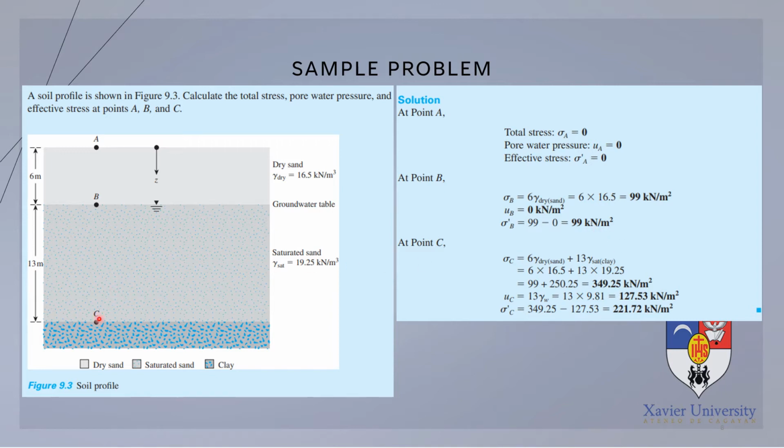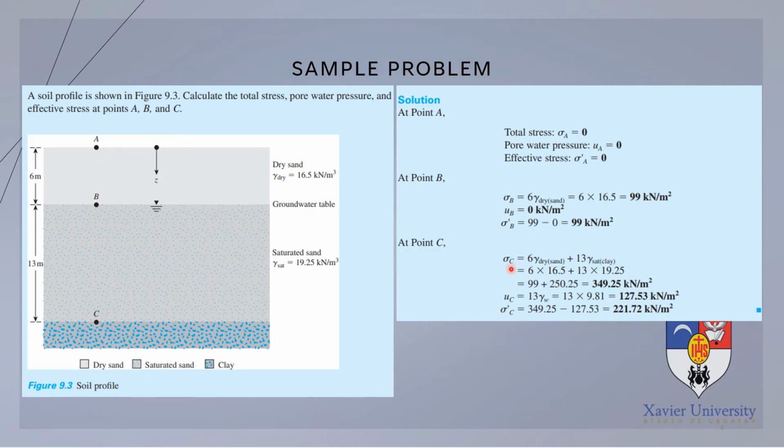At point C, we have to remember that effective stress is equal to the total stress minus the pore water pressure. So at point C, we consider the heights of the layers above it.